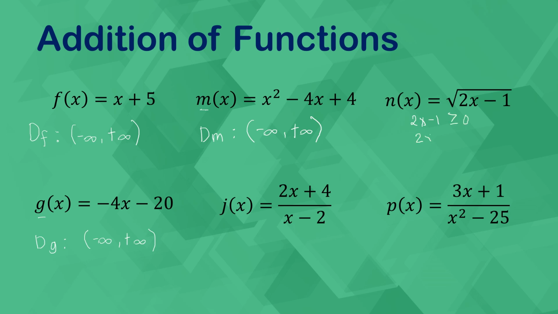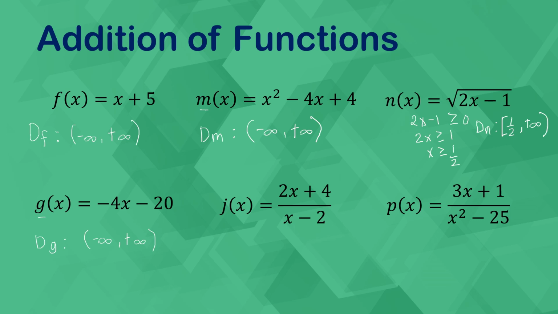So 2x is greater than or equal to 1. Divide 2 on both sides of our inequality. X then is greater than or equal to 1/2. So based on our solution, our domain for the n function is the set of all real numbers greater than or equal to 1/2.